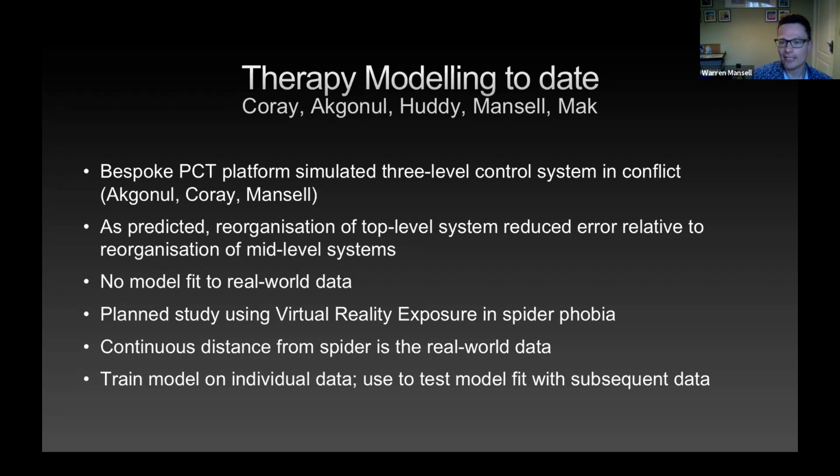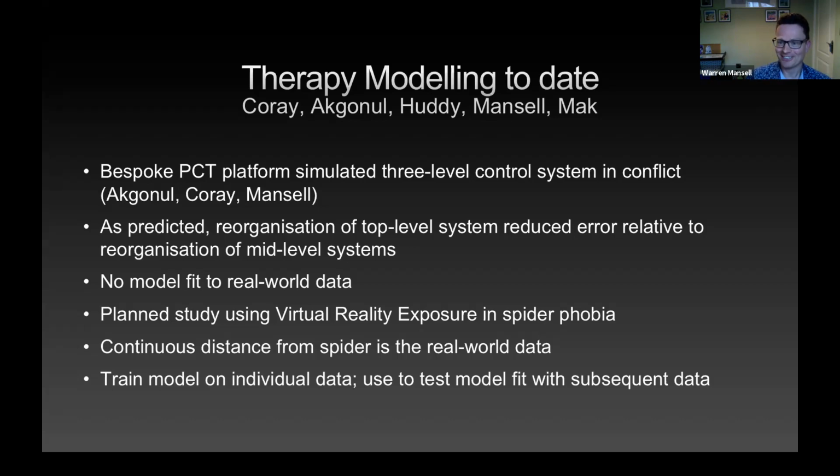What we didn't do in that study is do any kind of model fit to real data. And so that's the work that Mac is going to be focusing on in his PhD, whereby we're going to look at how people control their continuous distance from a spider, train the model on each individual during their early exposure, and then test the model fit with subsequent exposure.